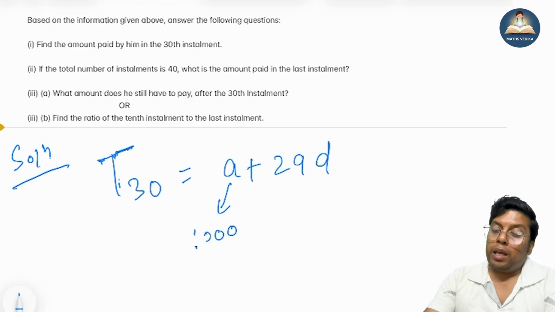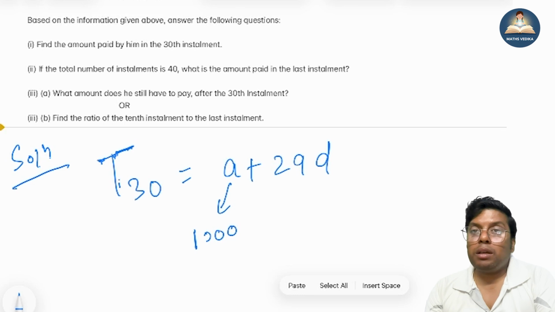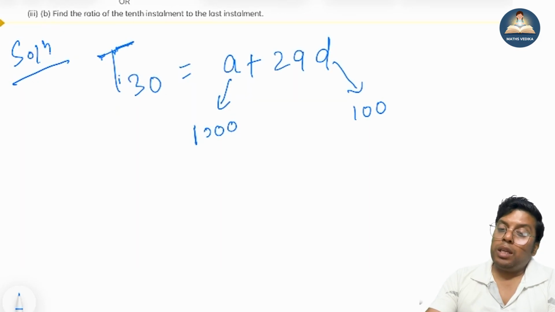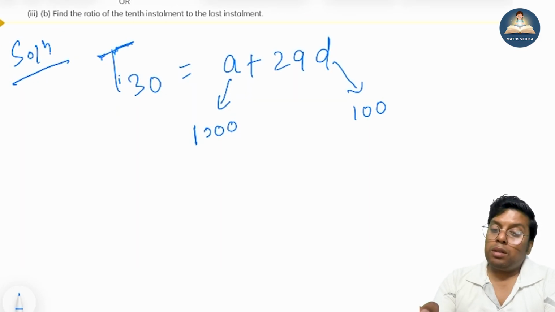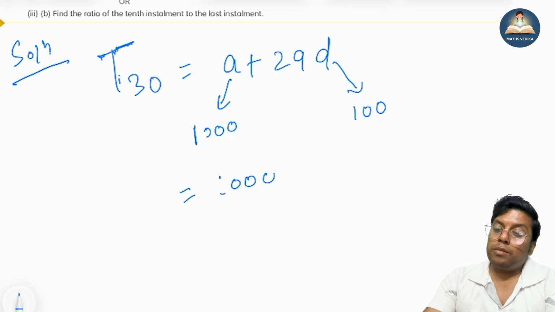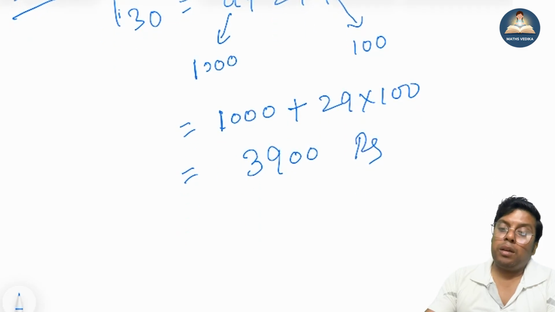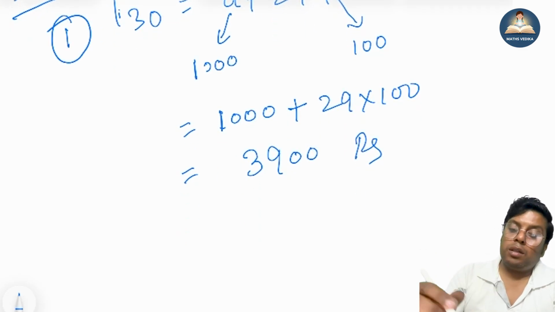Every month the installment amount is increased by rupees 100. It means common difference will be rupees 100. So T30, that is the amount in the 30th installment, will be 1,000 plus 29 into 100, so it will be 3,900 rupees.